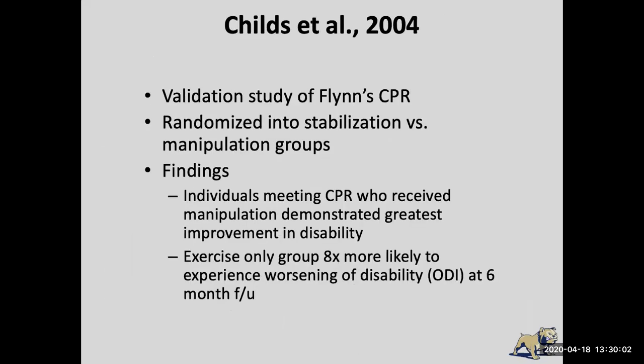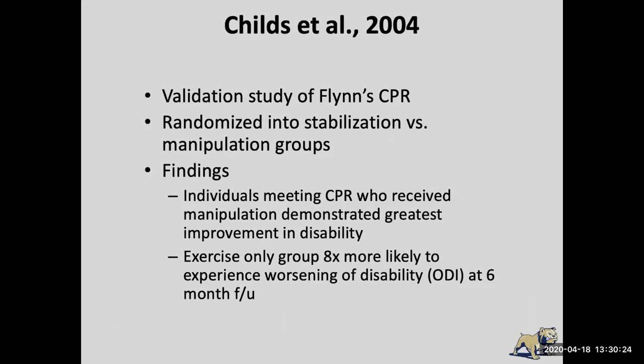So again, validation being a very important step with the process of clinical prediction rules, folks were randomized into either a lumbar stabilization exercise program or a manipulation group, and that's folks who were in this category.